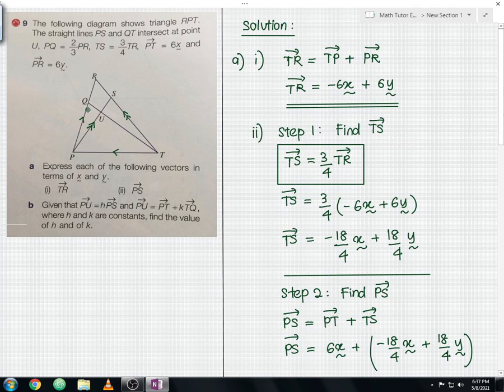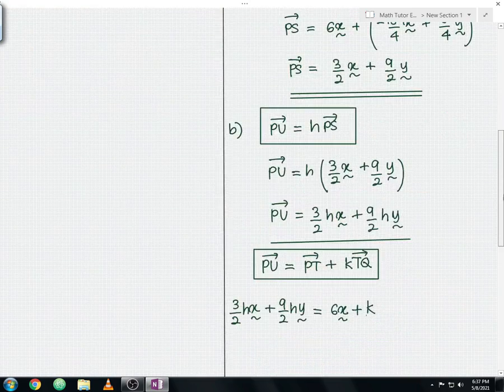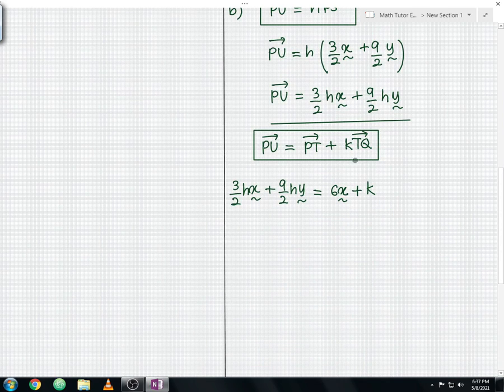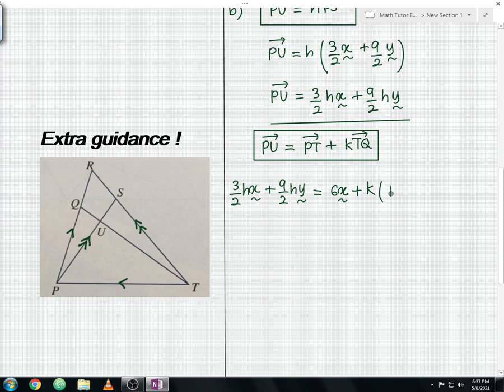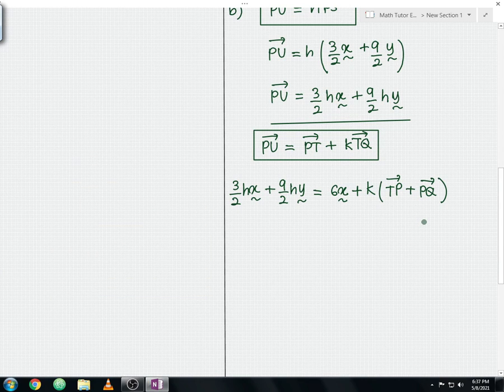So I hope you guys are clear. So let me continue in the working here. To find the vector TQ, you need to perform the addition of vector TP plus vector PQ. Okay, so from here, let us continue our working. The left hand side still remains the same, so let me just copy paste this.